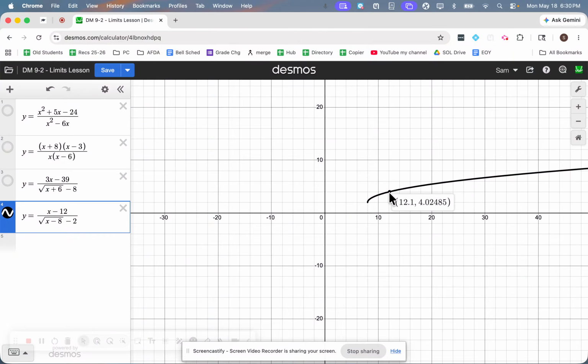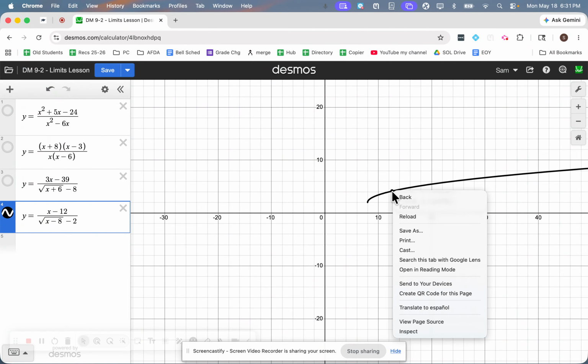When x is 12, y is undefined. Well, we knew that, but to the left of it, we're getting 3.9, 3.96, very, very close to 4. We're approaching 4 from the left. It's getting even closer to 4.